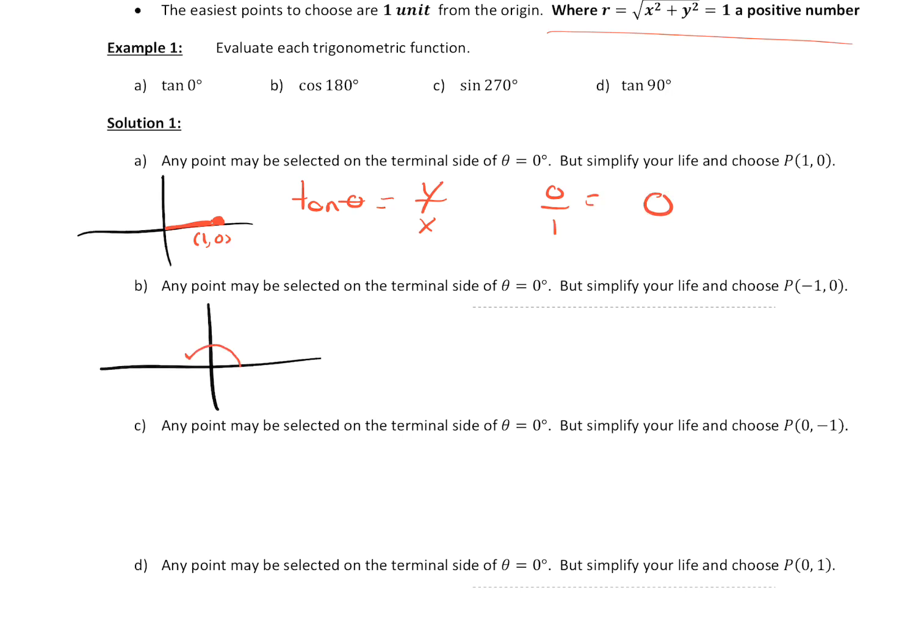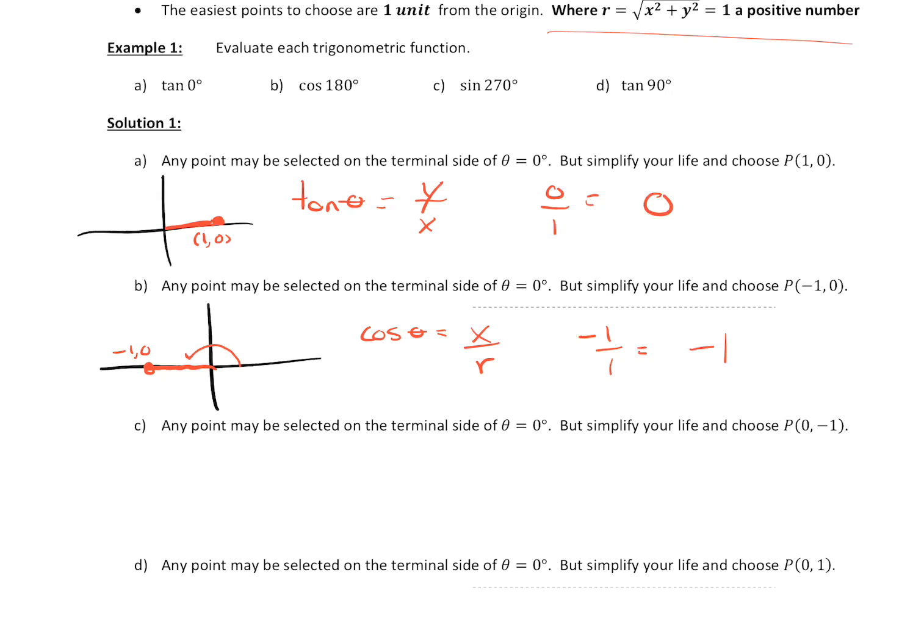It's on that full 180 degrees. It's lying on this axis here at (-1, 0), and we're doing cosine. So cos theta is x over r. Now in this case, we know our r is 1, right? R is always positive, but the x value is negative 1. So it's negative 1 over 1, so cos of 180 is negative 1.